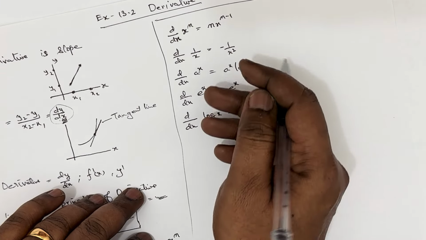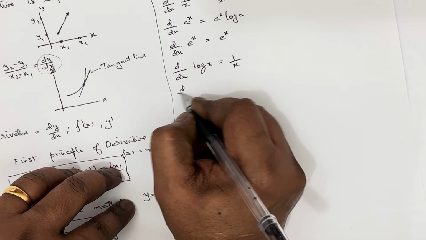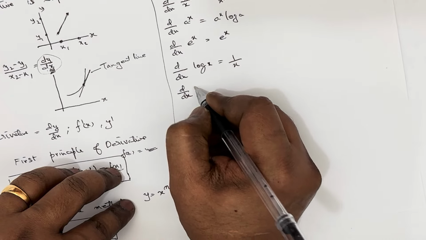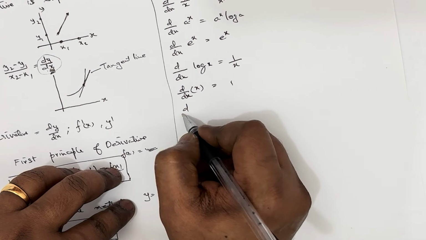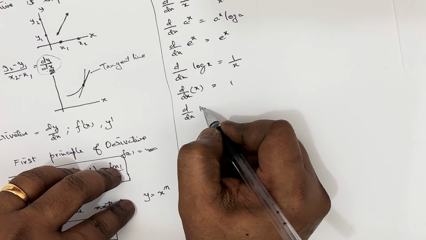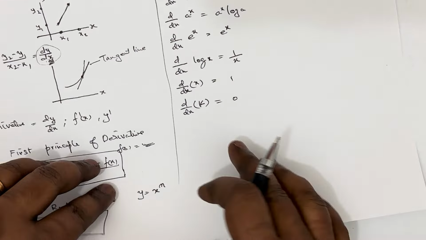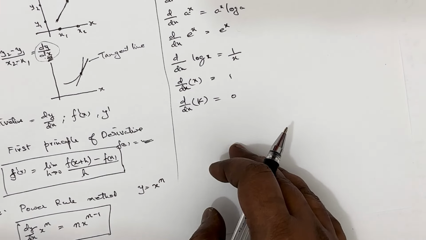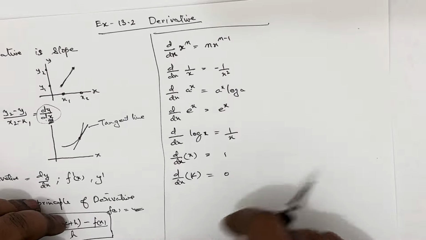And so on, there are a lot many more. And dy by dx of x is equal to 1. dy by dx of a constant k is equal to 0. That's it for now. These formulas must be remembered.